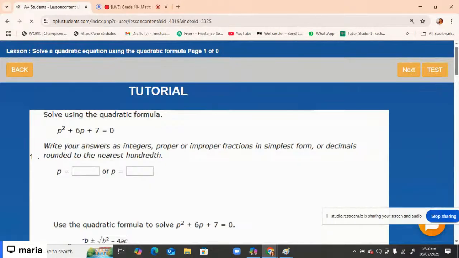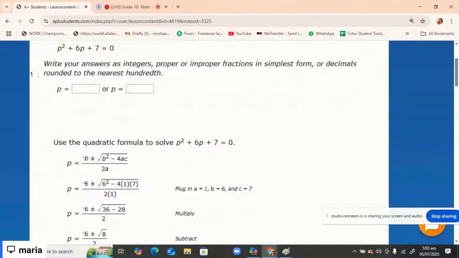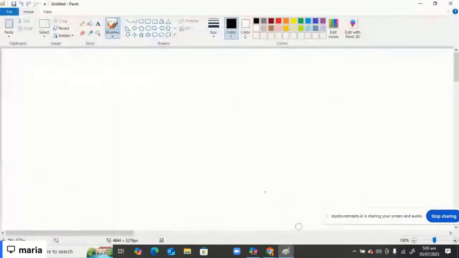So solve using the quadratic formula. First of all, I'm going to write down the quadratic formula.